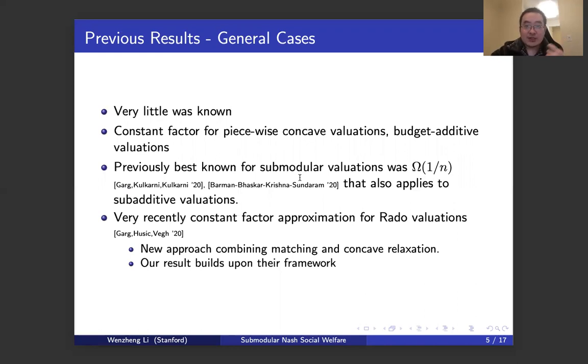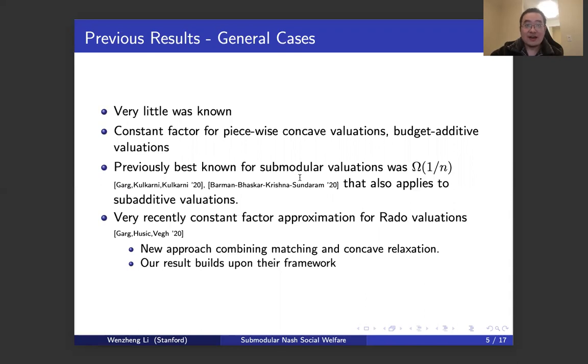They used it to get a constant factor approximation for a class of valuation functions called RSOS functions. We won't need the definition of this class in this talk. You only need to think of it as a subclass of submodular functions with some special polyhedral formulation. Our result builds upon their framework.